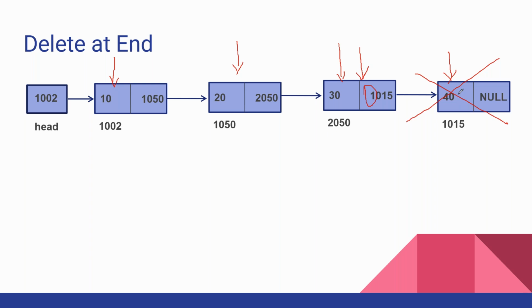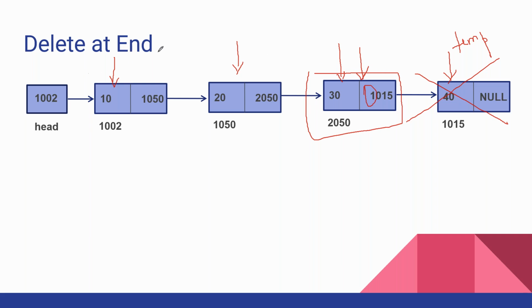If I have only one variable called temp that is used to find the last node, my temp will be here. Then how will I keep track of the previous node of temp? In this case, I will need an additional variable to keep track of my previous node.